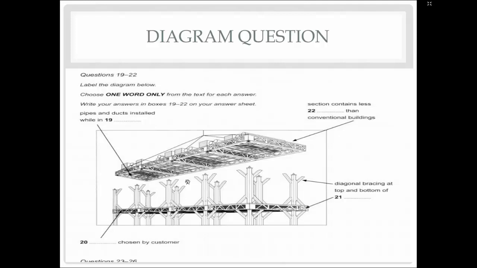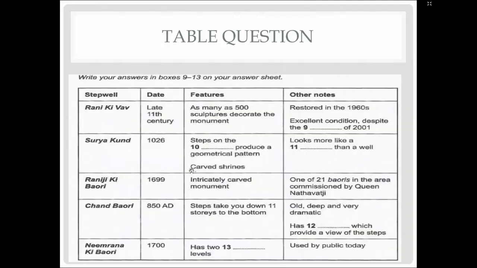All right, and so the way the diagram is helpful is that it might help you with finding the paragraph, because whatever the correct paragraph is going to describe that diagram, and so that's where the diagram becomes helpful.